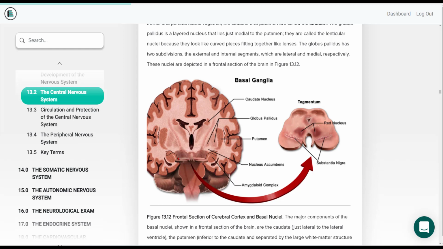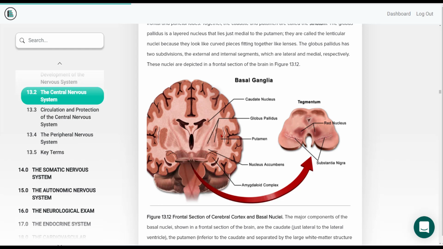So taking a little slice through here, again, I'm not going to have you label this, but you see these darker regions. These darker regions are each a nucleus, right? We see the caudate nucleus, the globus pallidus is a nucleus, as is the putamen. So all this tells us is that these are clusters of cell bodies inside the brain. And remember what happens at cell bodies? That's where synapses happen.